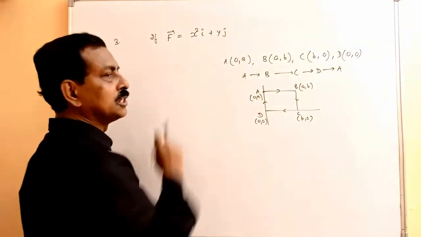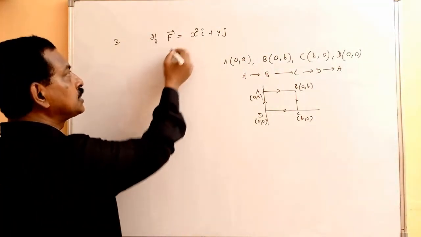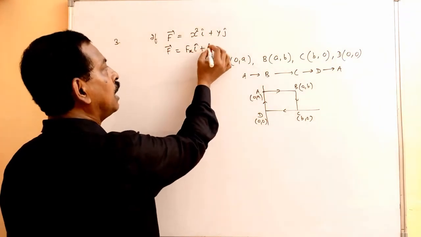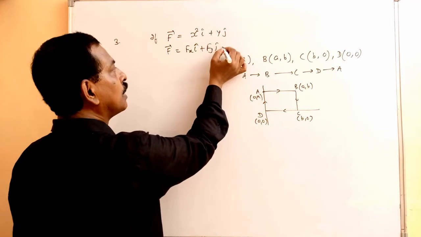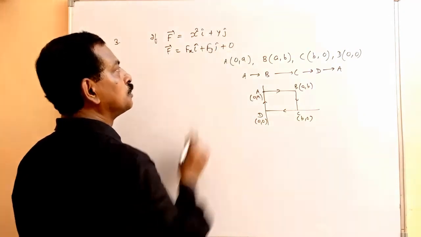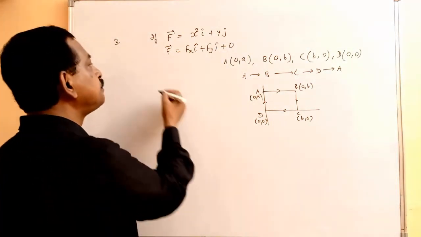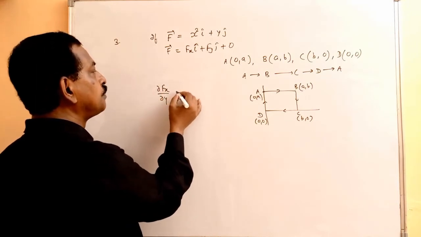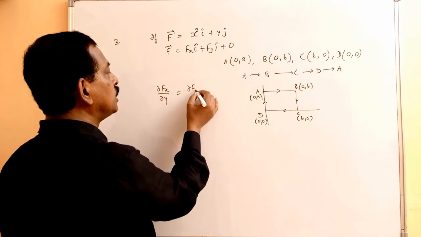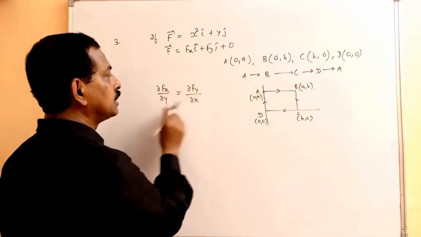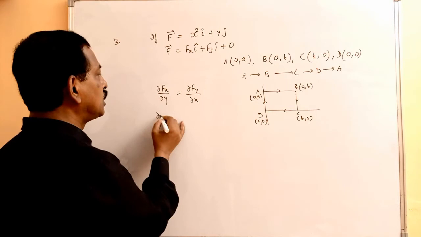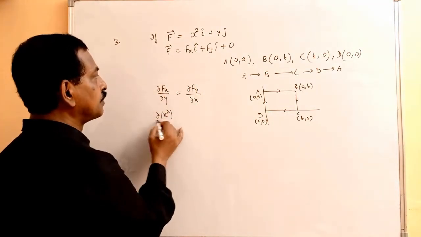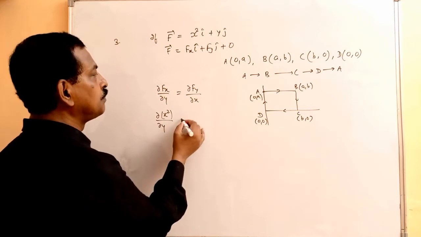We can write F as Fx i plus Fy j plus 0 for k. So we'll check whether del Fx by del y and del Fy by del x are equal or not.